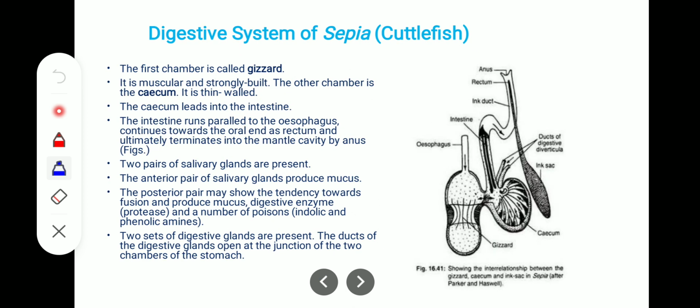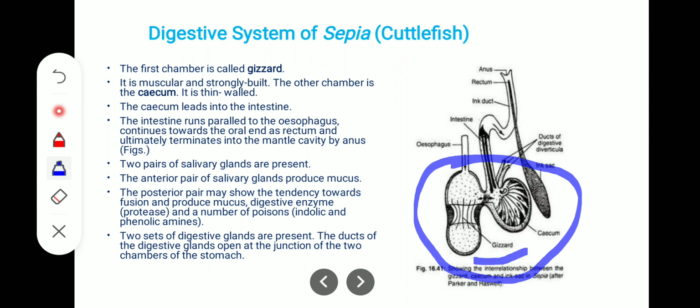First chamber, gizzard, and second chamber is known as the cecum. See in the diagram, this is the whole stomach of the sepia or cuttlefish, and the stomach is divided into 2 separate parts. First is the gizzard and second one is the cecum.